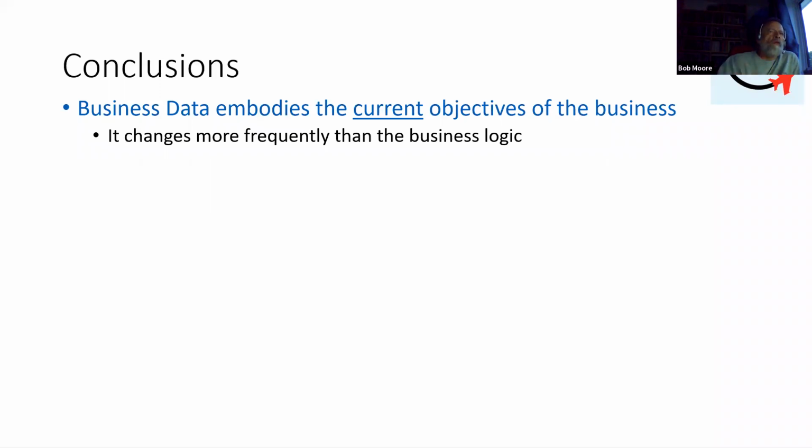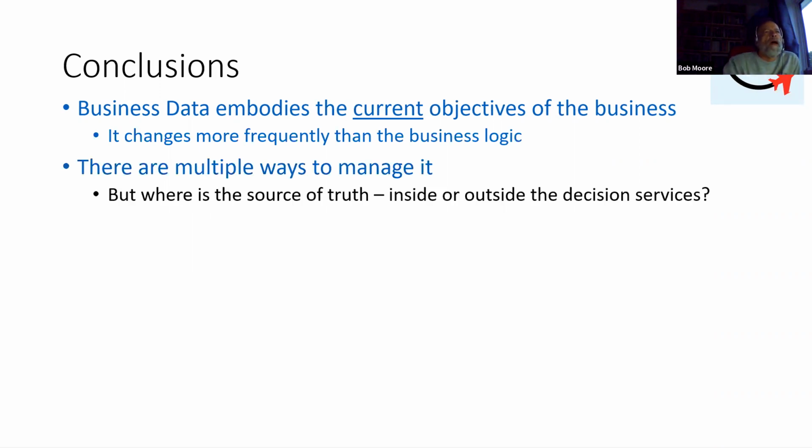It changes far more frequently than the business logic. And there are multiple different ways of managing the business data. But when you're thinking about managing it, you need to be conscious of where the source of truth is. So is the source of truth owned by the decision service itself, or is it external?